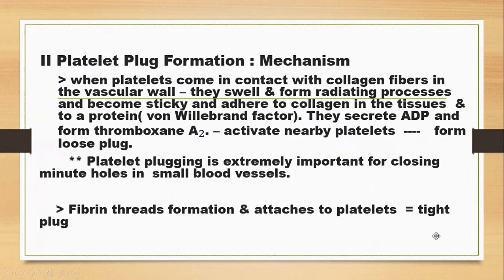Then the next step is the formation of a platelet plug. How is it brought about? When platelets come in contact with the collagen fibers in the vascular wall, they swell and form irradiating processes, become sticky, and adhere to collagen in the tissues and to a protein known as the von Willebrand factor.